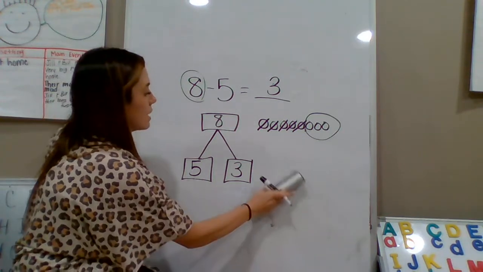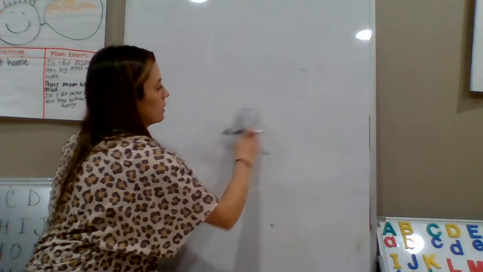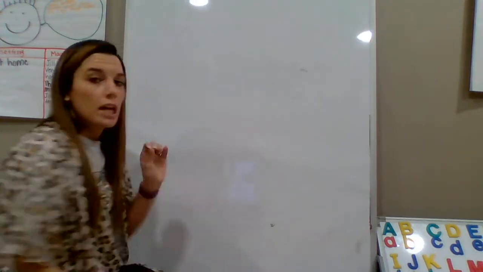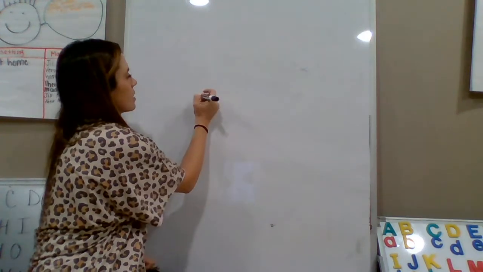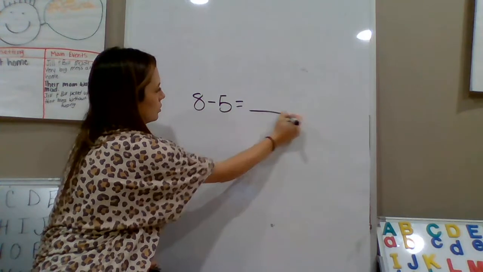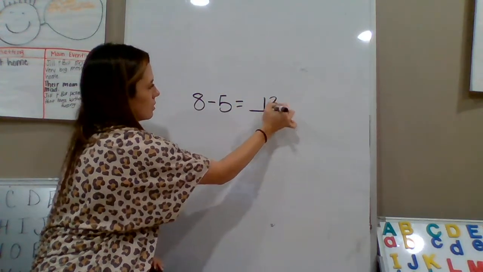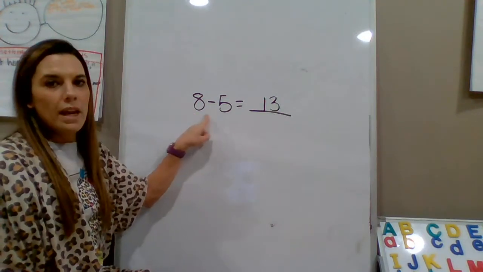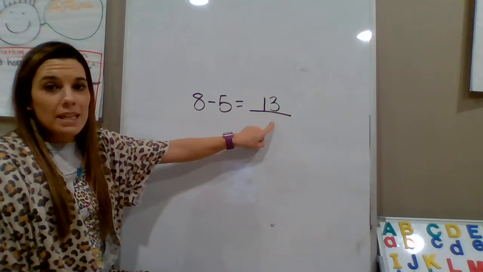You guys, the biggest thing that you need to remember when we are subtracting is that our numbers should get smaller. I have some of you who would have done this: 8 minus 5 equals 13. 13 cannot be the answer.